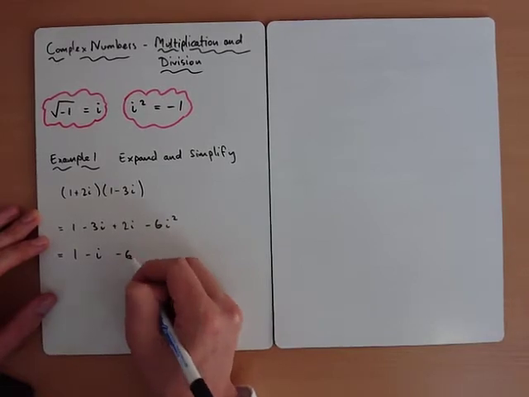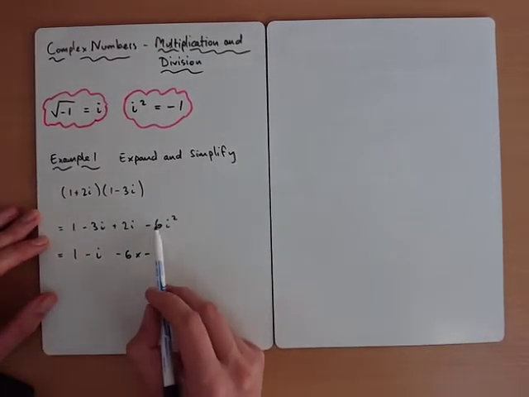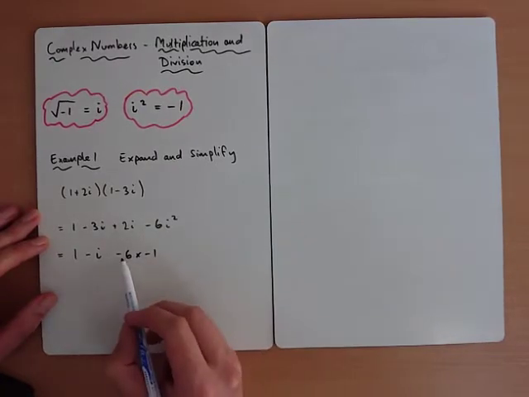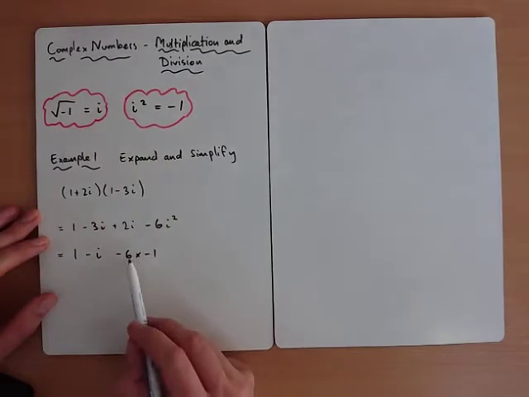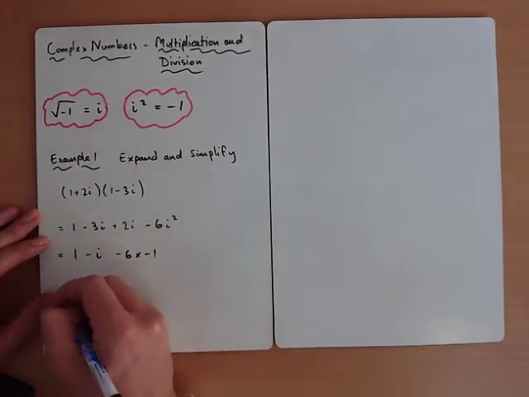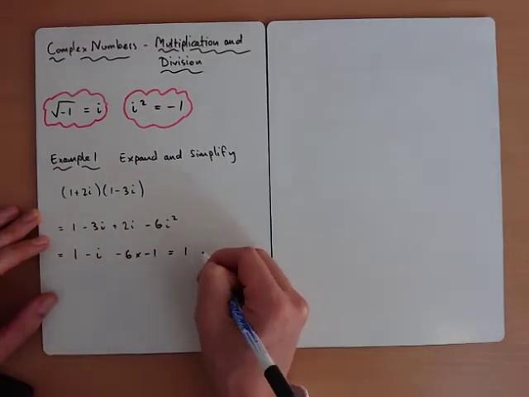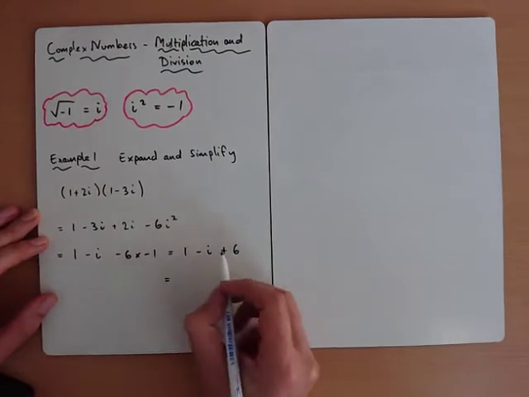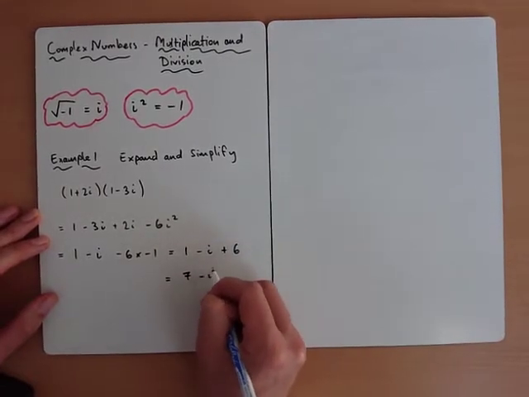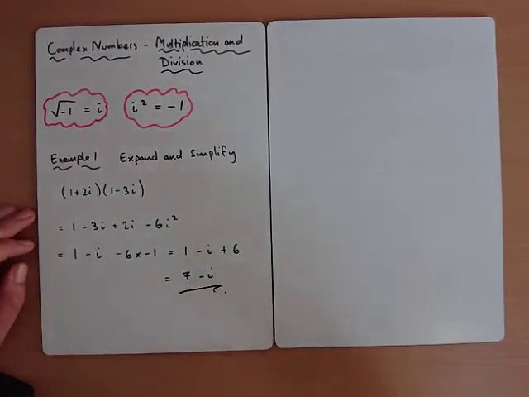Then -6 i squared, which is -1, because we're doing -6 times i squared, so we're really doing -6 times -1. -6 times -1 is +6. So we get +6. And then 1 plus 6 would be 7. So the answer we would be left with is 7 minus i.